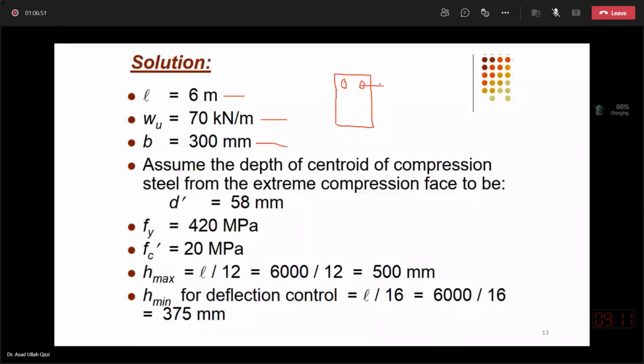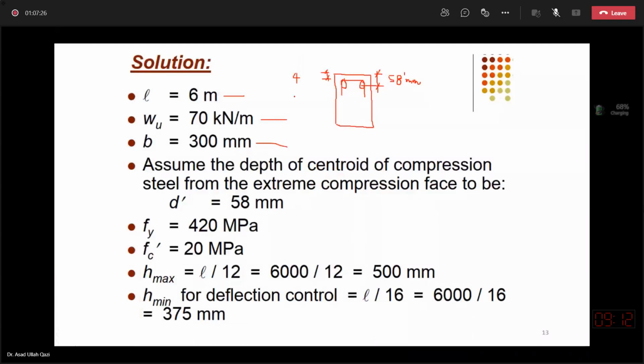Suppose it is fixed in the statement that the compression steel from the top compression fiber is at 58 millimeter. Actually, conditions for the compression steel are also the same: the minimum cover mandatory for the compression steel is also as per code, 40 millimeter.